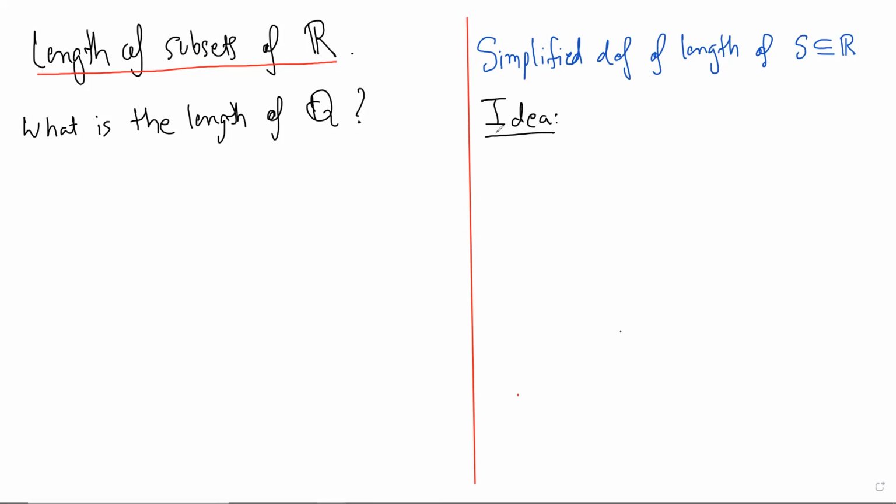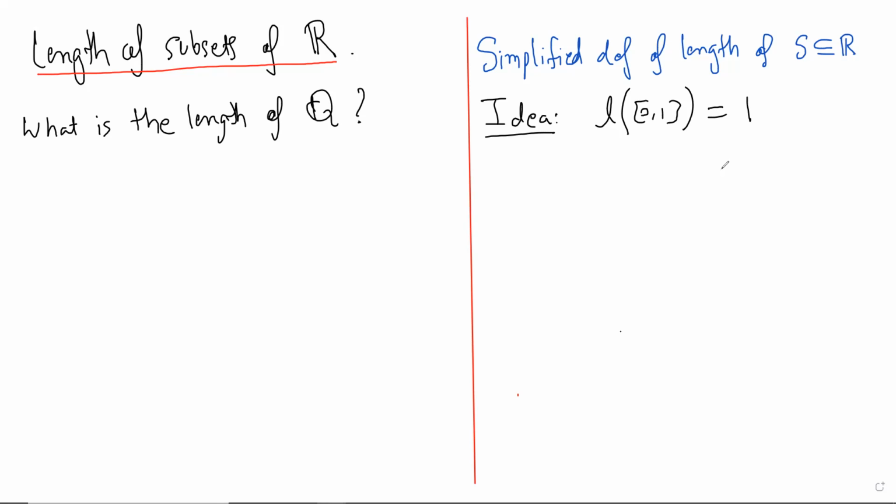What is the rule for assigning the number? We are first going to assume that the unit interval has length 1. Let me just say L, it's just a function. The unit interval has length 1.